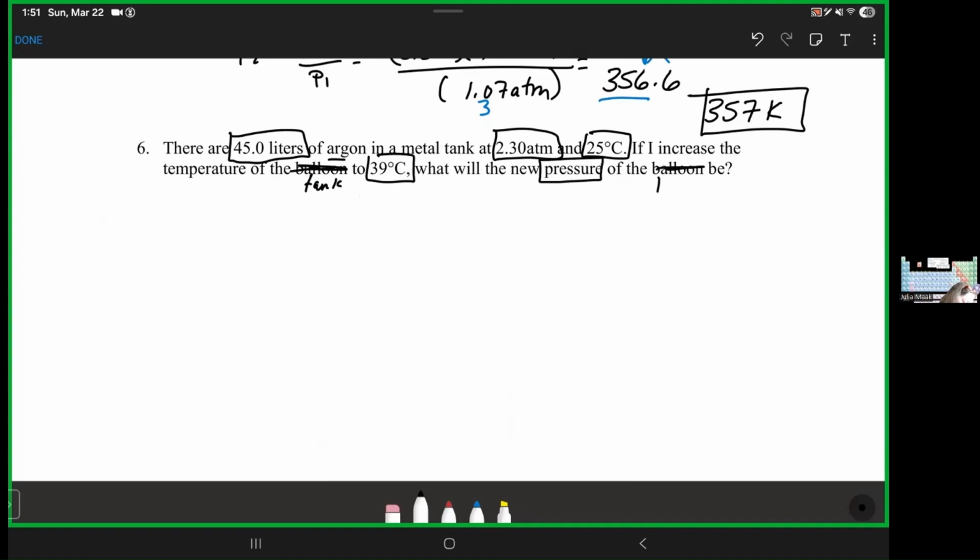That should also say tank. Okay. So I see I've been given 2 temperatures. So automatically I know I'm going to P1, V1 over T1, P2, V2 over T2. And I've been given pressures, temperatures, and volumes. So I'm going to track them all over here.